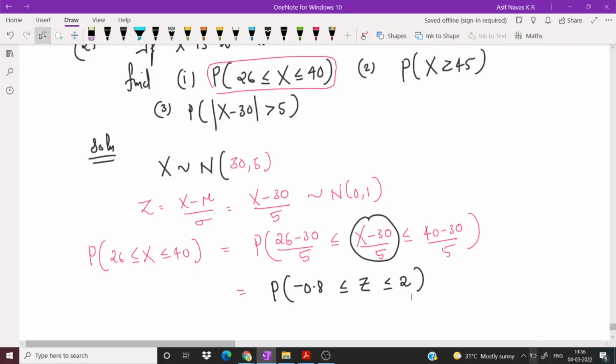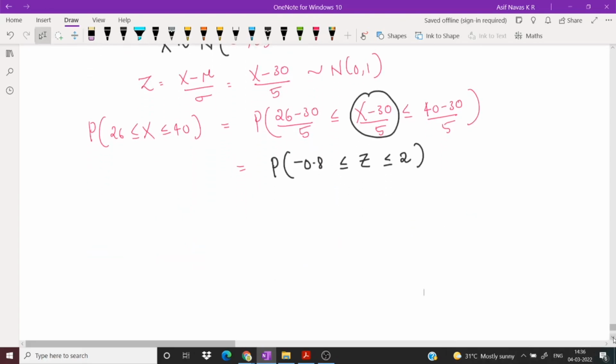Now I want to find the probability by using the normal table. First I will draw the normal table. Minus 0.8 is on the negative side, somewhere here, and 2 is on the positive side.